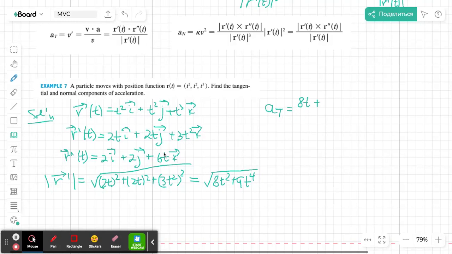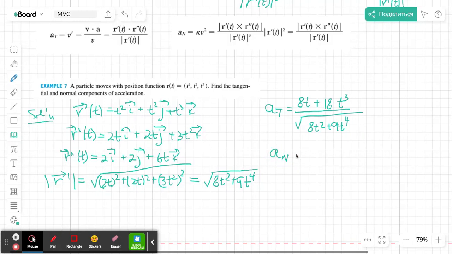And then 3t squared times 6t gives us 18t to the power 3. And then we're dividing by the magnitude of r prime, which we already know is the square root of 8t squared plus 9t to the power 4.